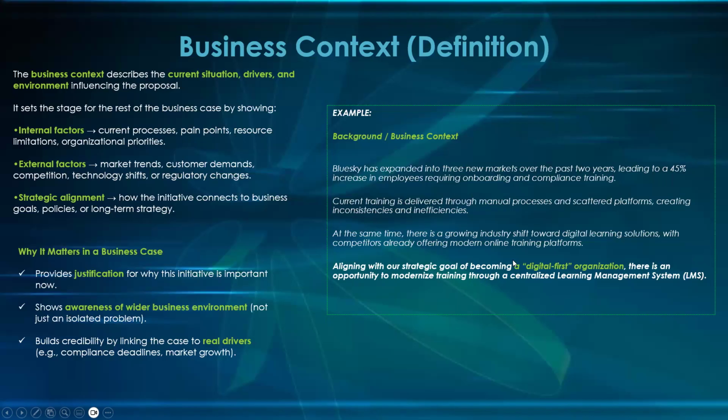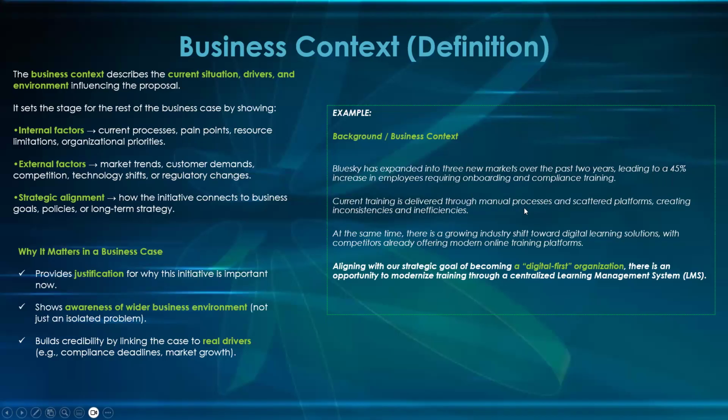BlueSky has a goal to be a digital first organization. That is to be the best digital training platform. Their goal or their vision is to be the best training platform. So now, whatever they are going to be looking at has to align with that.